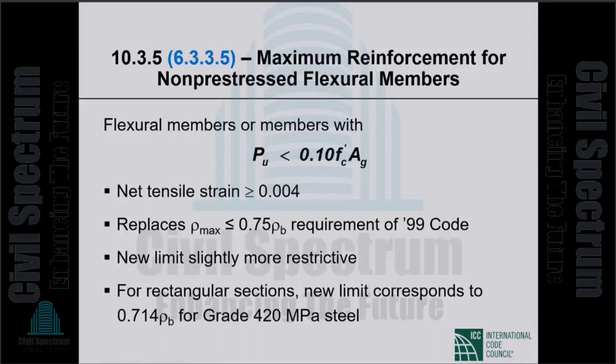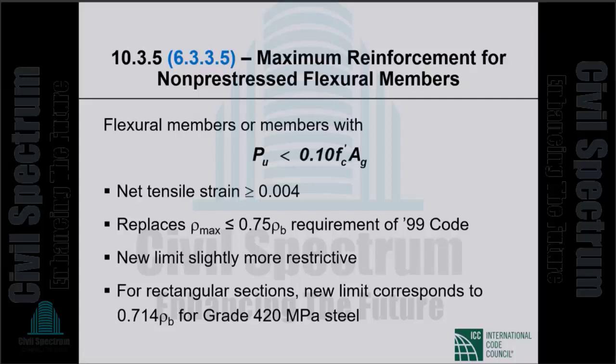This is extremely, extremely important. This takes the place of rho maximum shall not exceed 3/4 of rho balanced. It replaces rho maximum less than or equal to 3/4 of rho balanced that we used to require from the beginning of strength design. The new limit is slightly more restrictive.